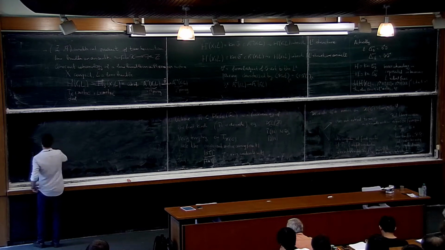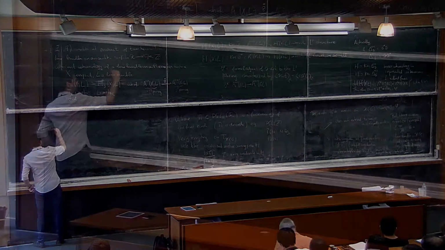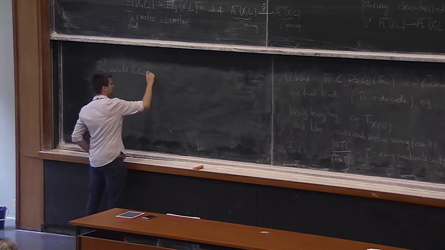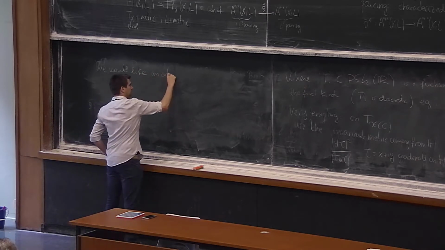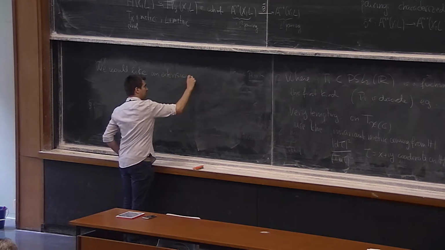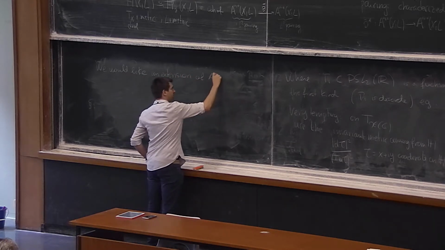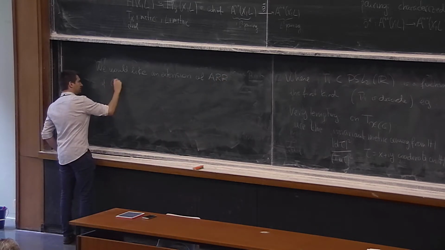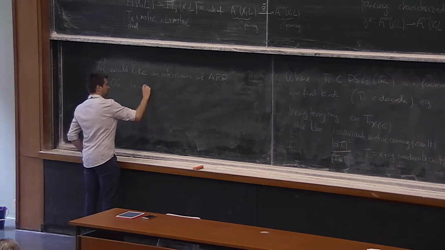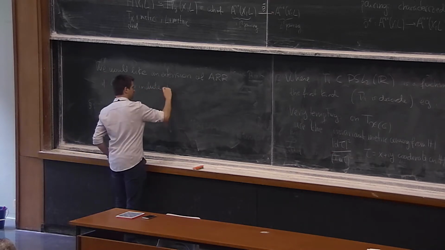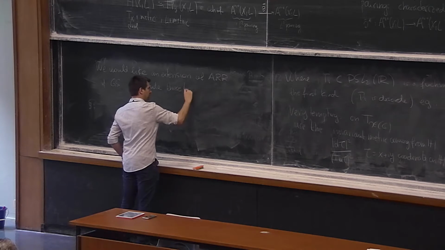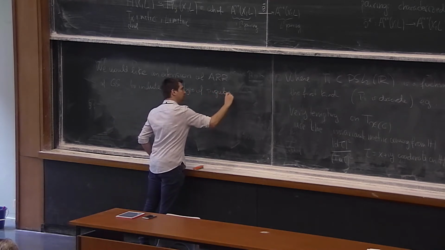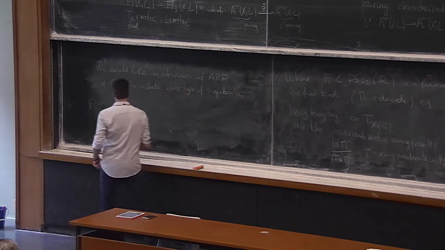So I would like an extension of arithmetic Riemann-Roch of Gillet-Soulé to include this type of singularities on the tangent bundle.